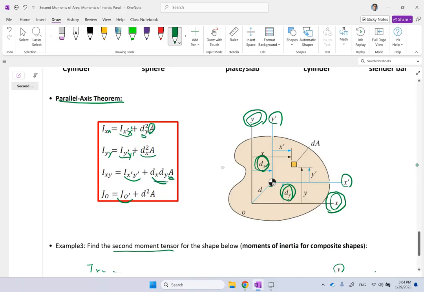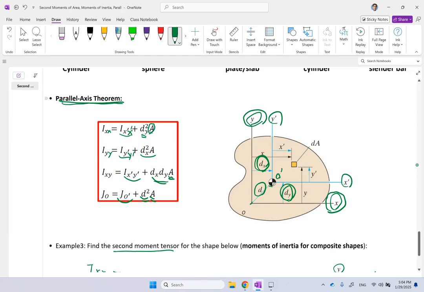And if I want to go from O prime, which is this point, the centroid, to O, this point, then again, I'll multiply A by the distance between O prime and O, which is D squared.